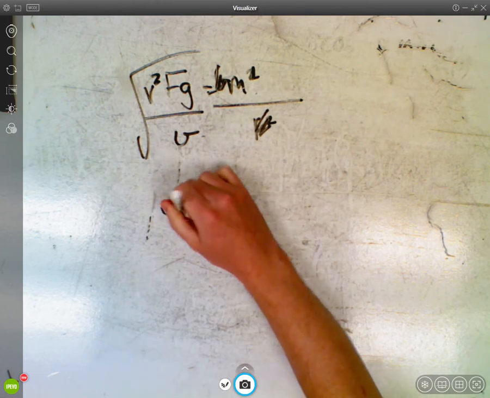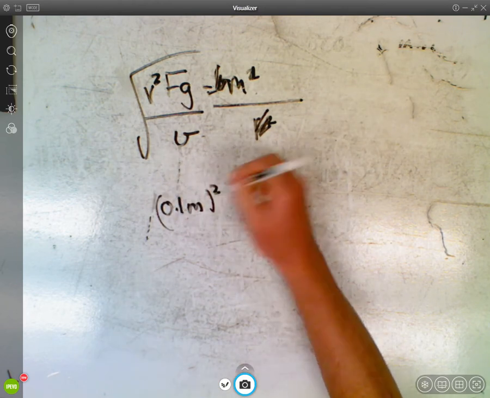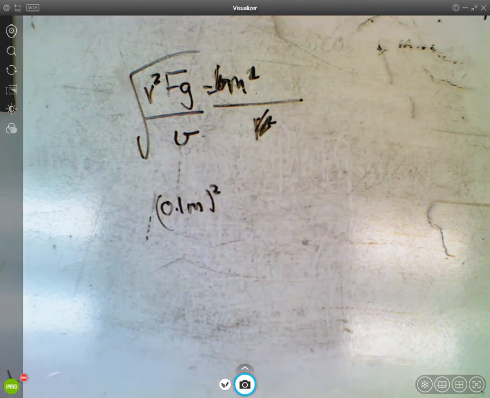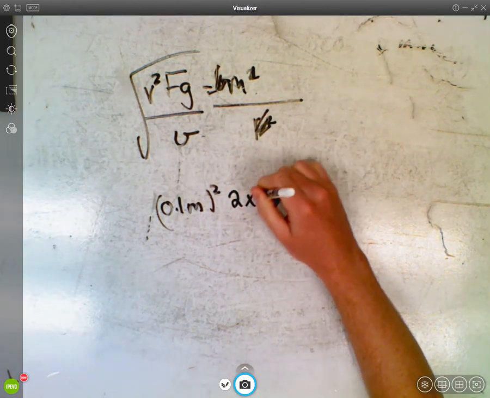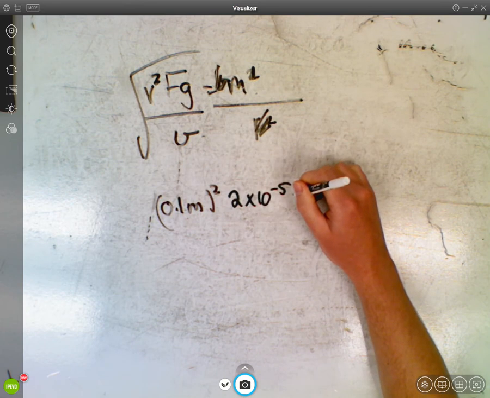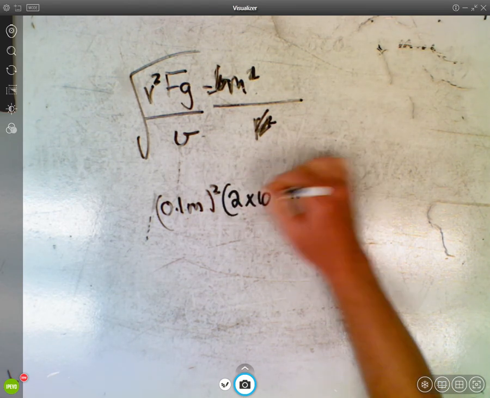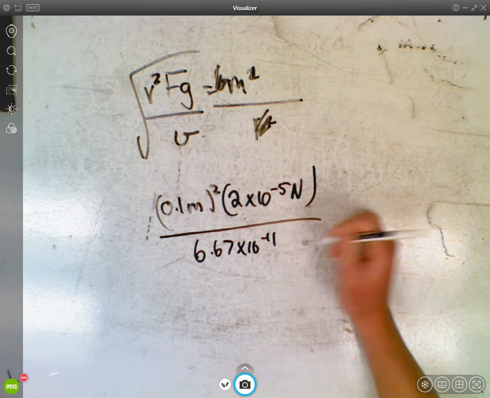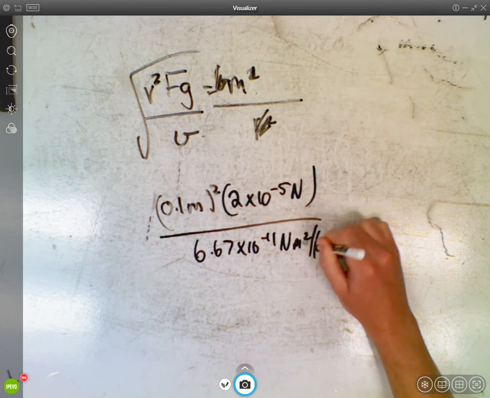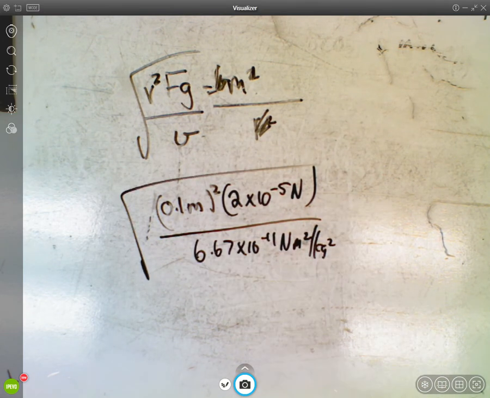So we just go 0.1 meters squared, times the force of gravity, which they gave us in the question, 2 times 10 to the negative 5 newtons, all divided by 6.67 times 10 to the negative 11 newtons meters squared per kilogram squared, all square root, and we can get our answer.